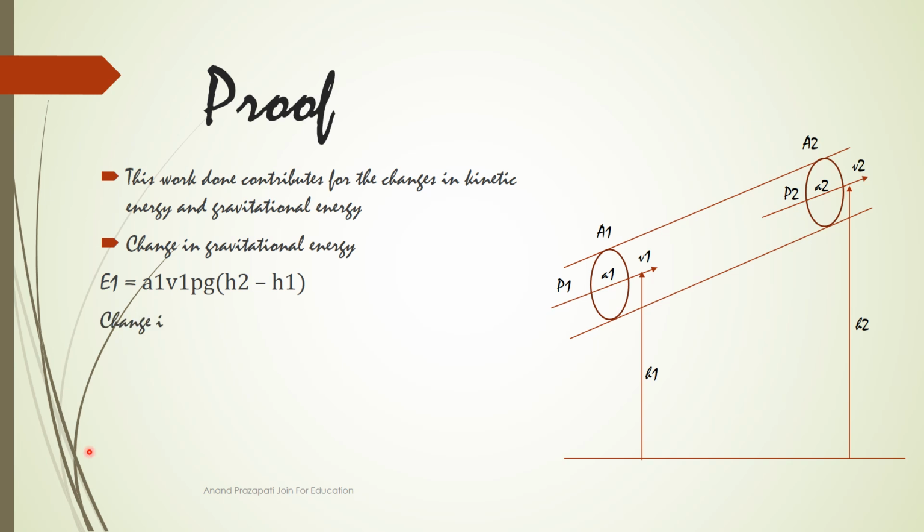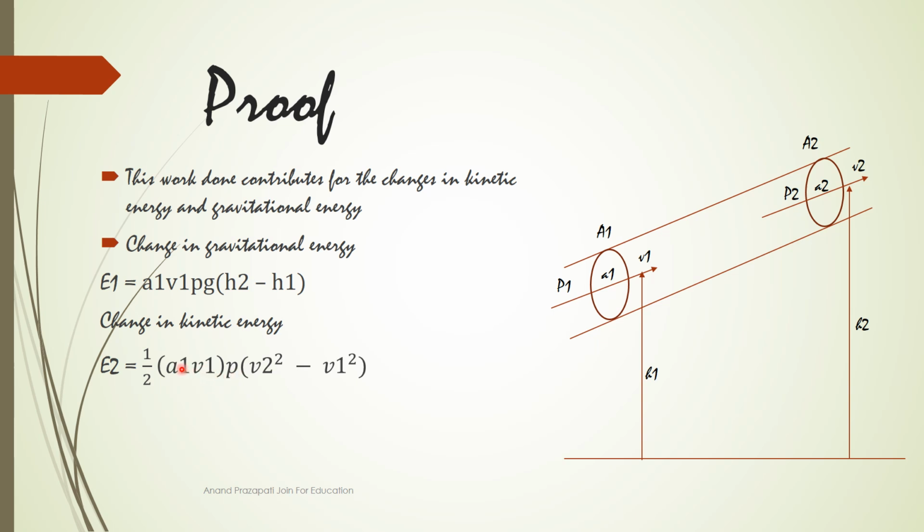Similarly, change in kinetic energy. Suppose the change in kinetic energy is E2, and we know that kinetic energy equals half mv square. So 1 by 2, and this is the volume, and this is the density.